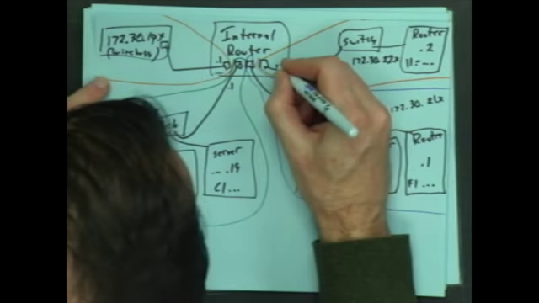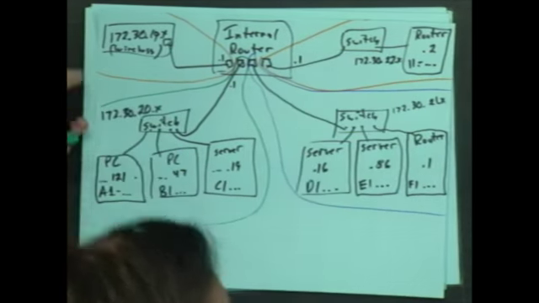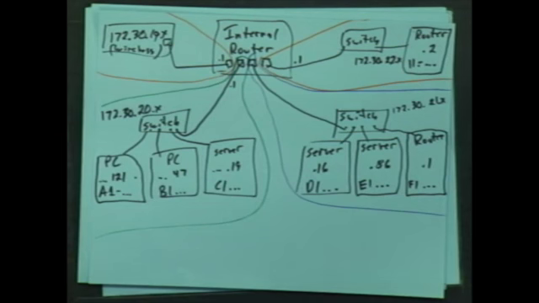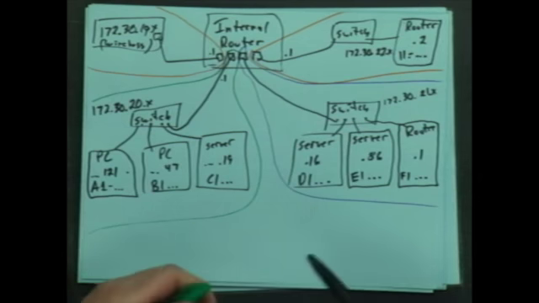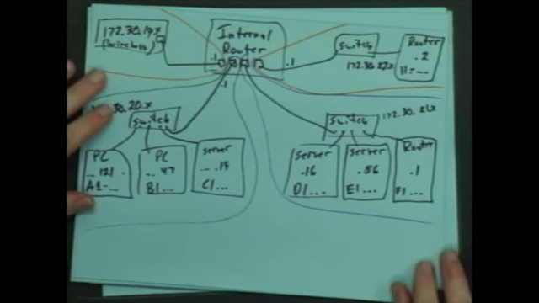Port 4 is also .1. You notice the pattern here? Normally with routers you use .1 or .2. Like this one's .2. Oh, that can't be .2 or .1 because that one's .1. What's that one? Maybe we'll see. Okay. We okay here then?